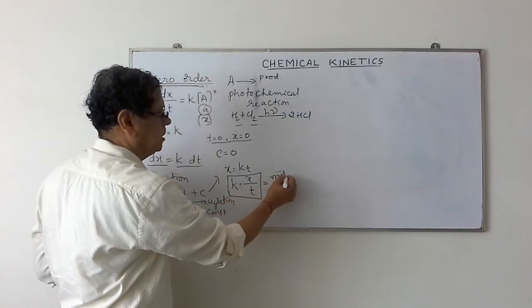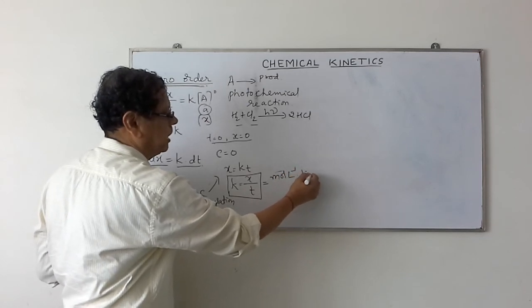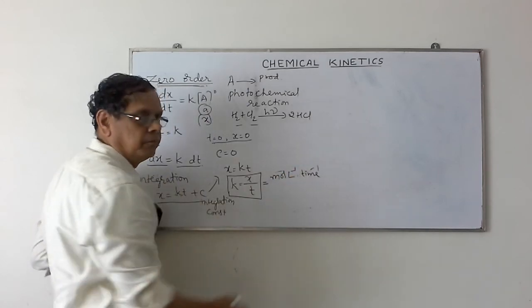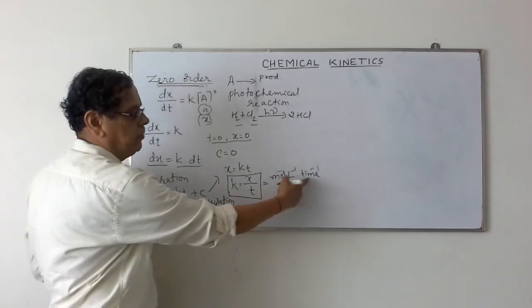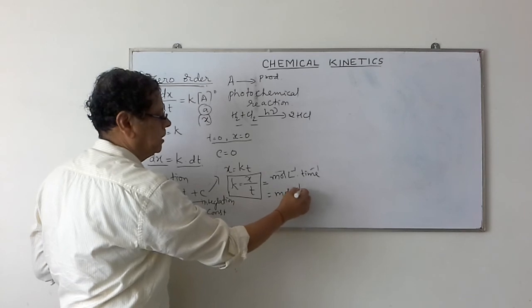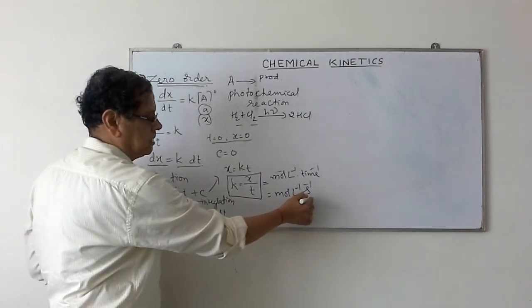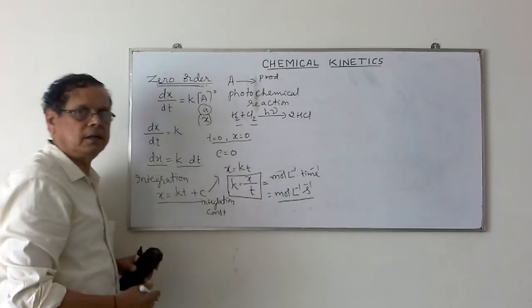Concentration is expressed in mole per liter and time may be expressed in any unit like second, minute, etc. So per unit time. For example, we can write this as mole per liter per second. So this is the unit for the zero order reaction.